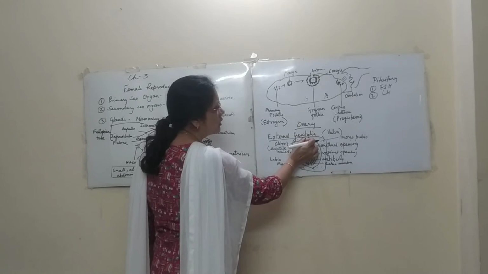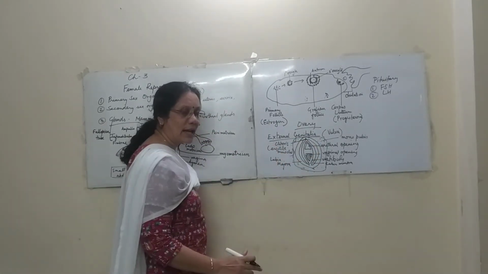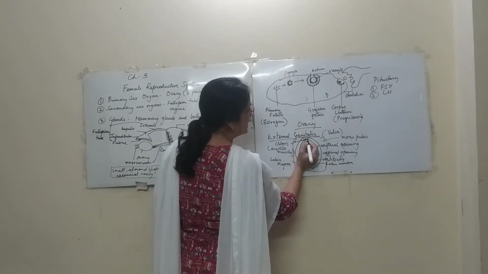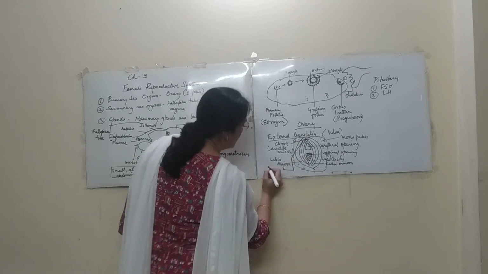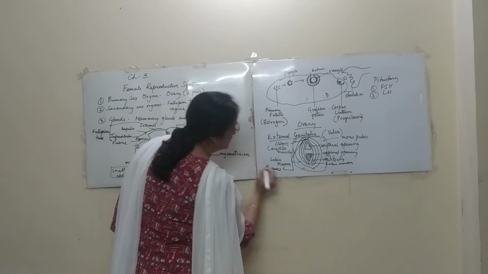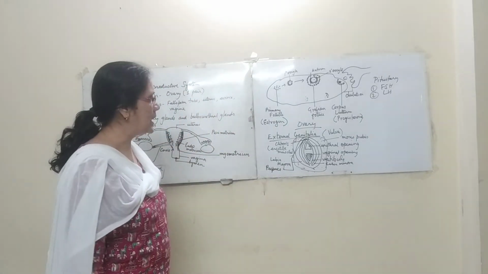The point where these two meet, there is the clitoris. There is some amount of skin here also, which is known as the prepuce. Let me write it here, it is prepuce. Okay, so this was about the external genitalia.